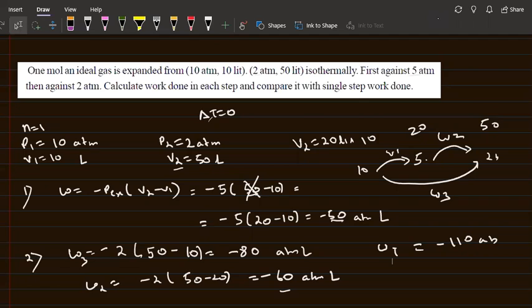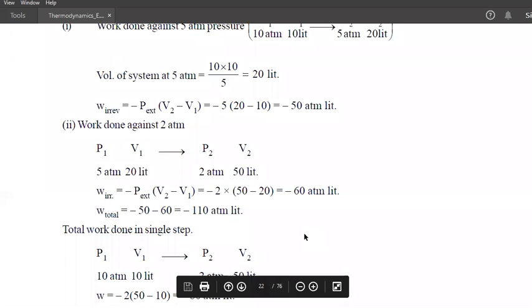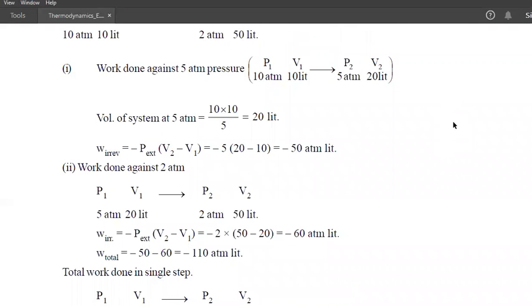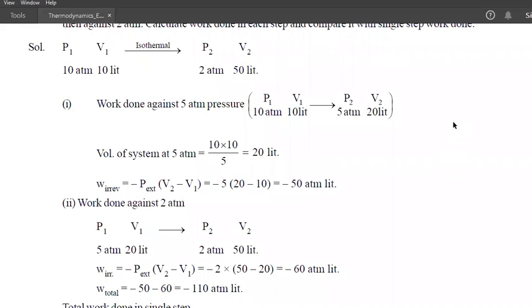Okay, everyone. So we'll just see. See this. So the correct answer: for the first it is minus 50 atm meter, against 5 atm pressure. Then against 2 atm pressure, it is minus 60 atm meter.